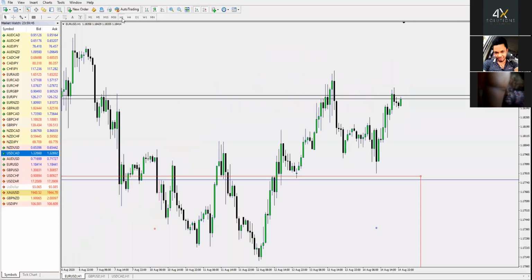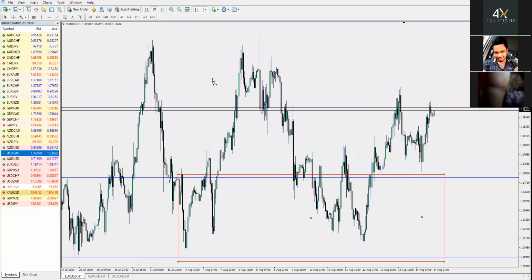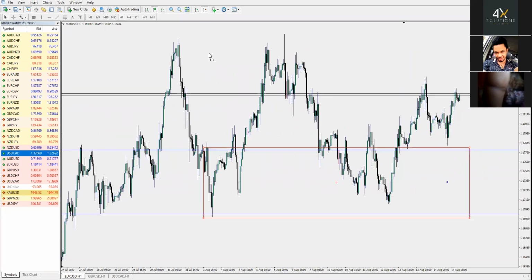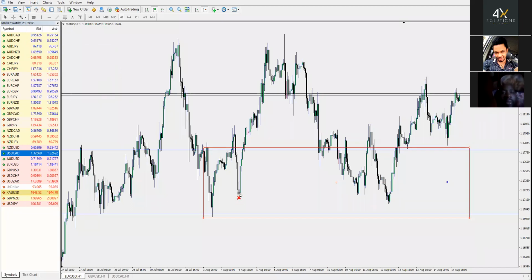And now I will go to a lower time frame of 1 hour over here and work within a range that price had traded in. Okay, so if we also mark up liquidity, here we have liquidity of that low over there.